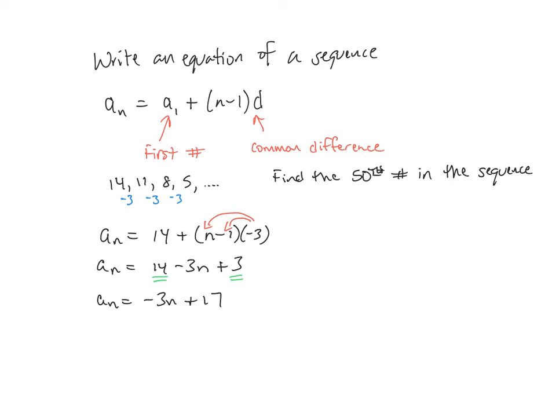So here's a formula for this particular sequence, not for every sequence, but for this one. If it said find the 50th number, or the 38th number, or whatever, we're just going to plug in 50.